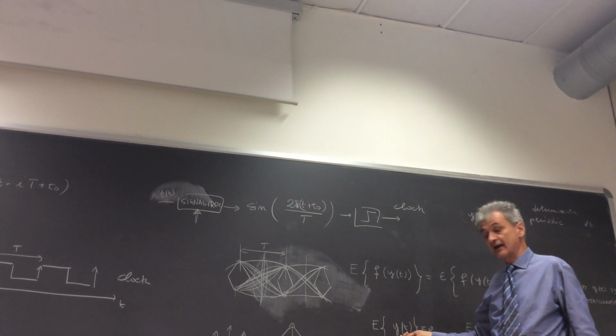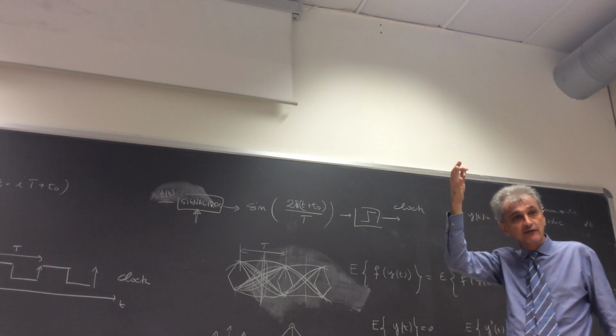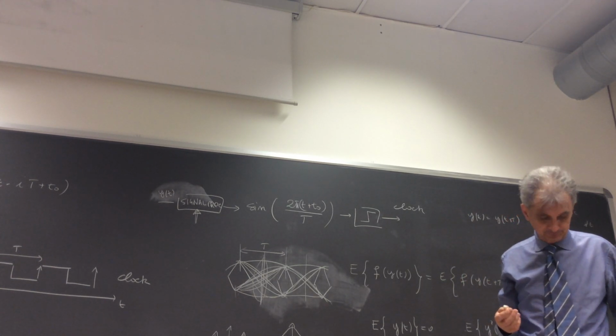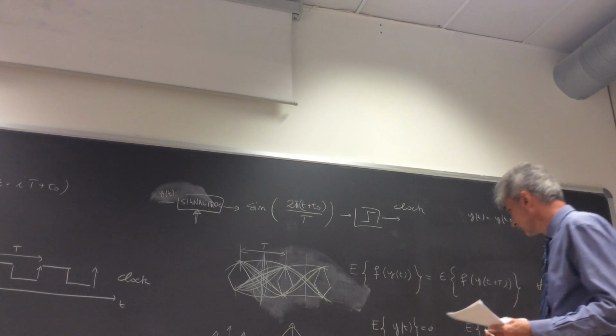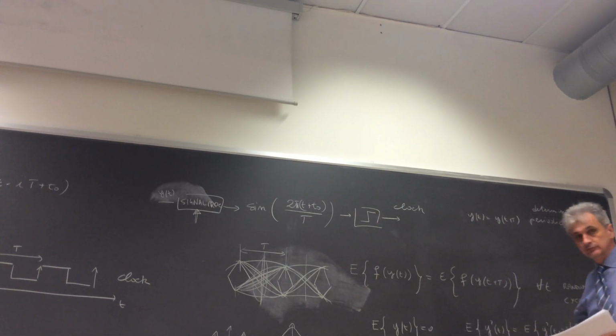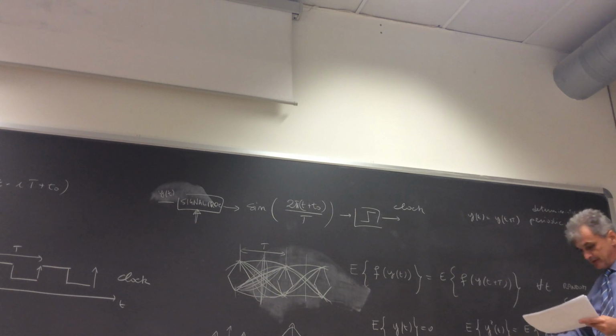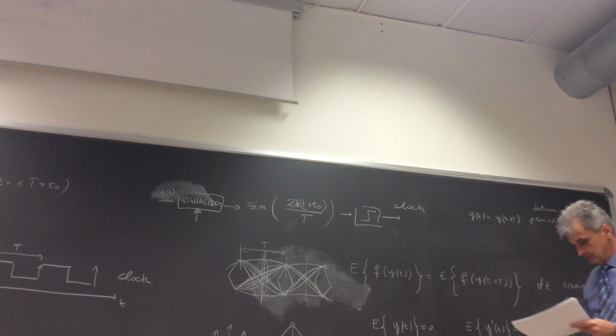Okay, so to get exactly the period, you should have an infinite number of realizations. Now, let's go on along this way. Let's see what happens by squaring this one.